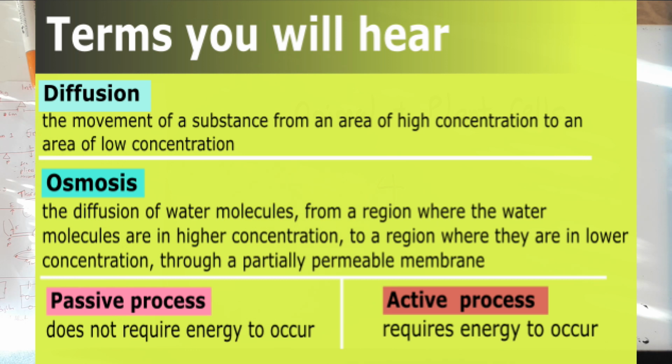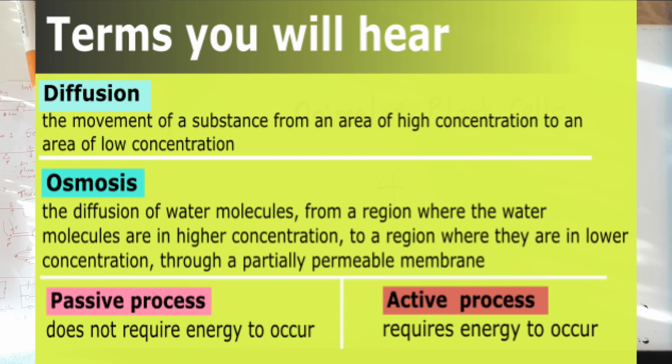That's passive, meaning you don't have to do anything for it to play out. It occurs naturally. Active, you have to actually give it energy in order for it to happen. So know the difference between passive and active.